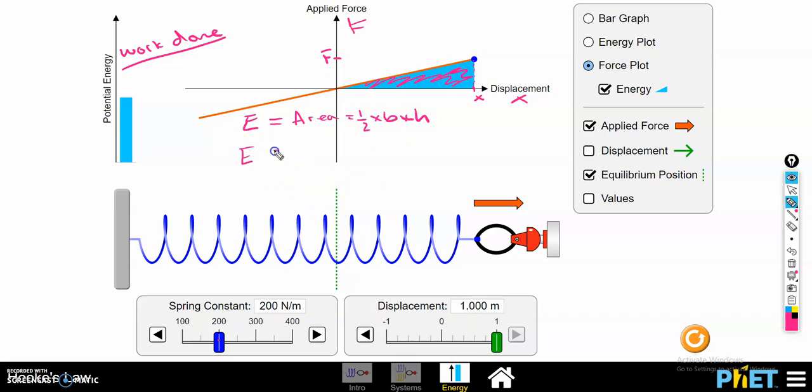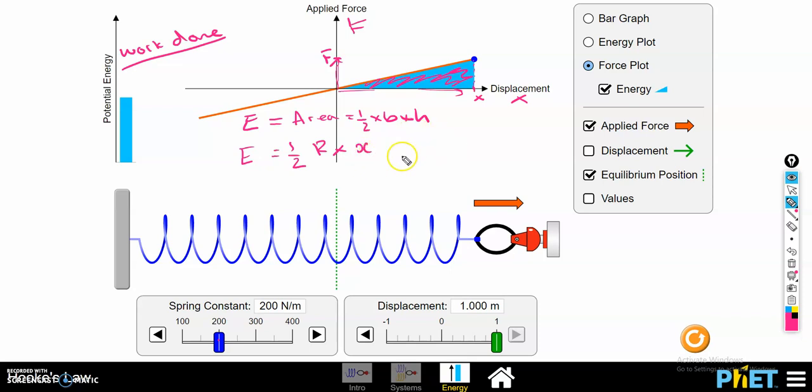In this case, going upwards I've got my force, which is F, and going across I've got my displacement, which is x. And so I know that the energy of my spring is going to be 1/2 times the force times its displacement.